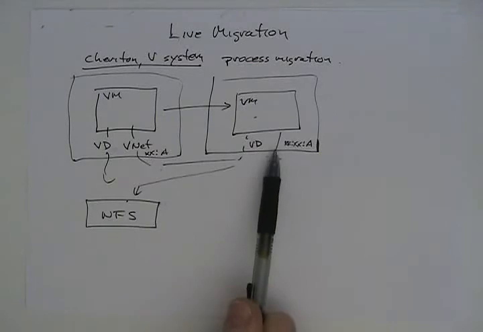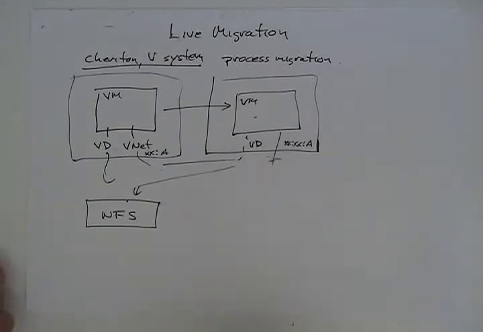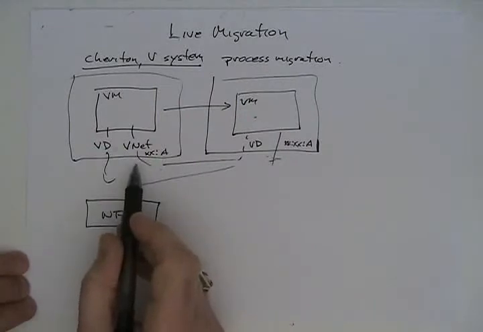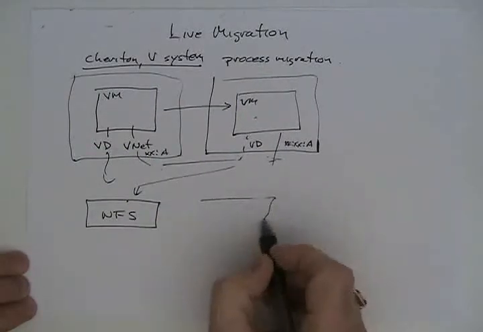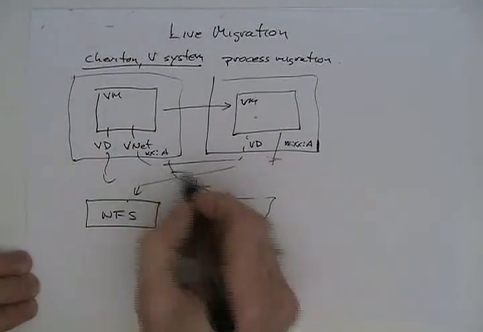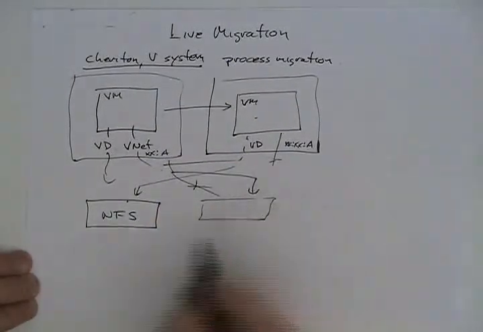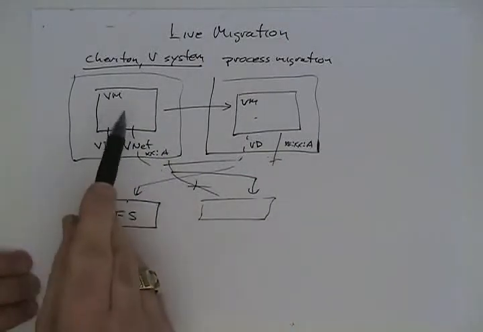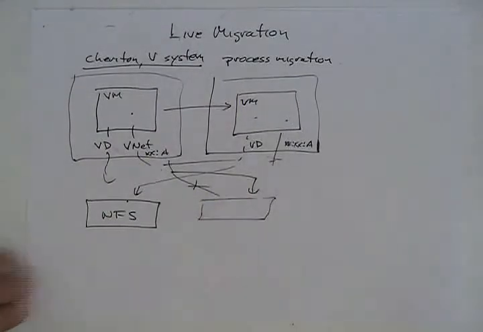interface moves, and the way network switches work, it will look to the network switch as if essentially you unplugged the cable from here and you plugged it in here, when in fact what you did is you stopped the virtual machine here and you started it up here.